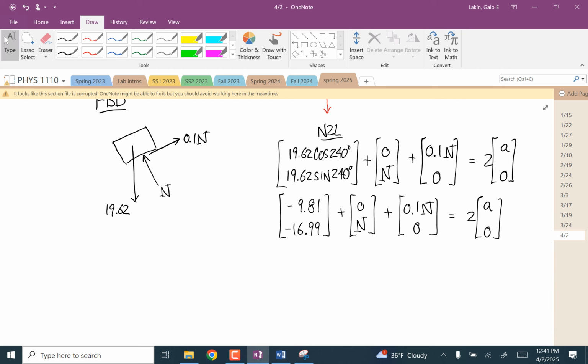Now this is two separate equations, so let me write down what we have. The x equation says negative 9.81 plus 0.1n is equal to 2a.